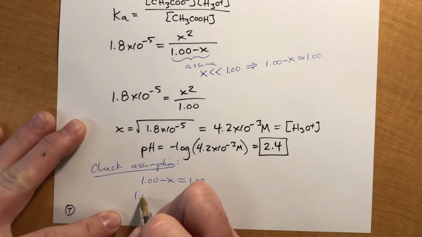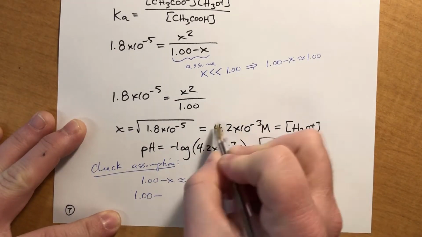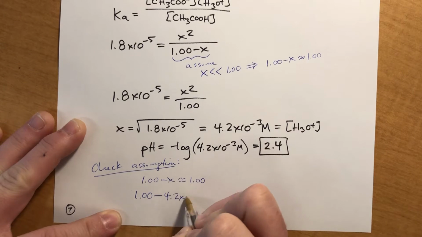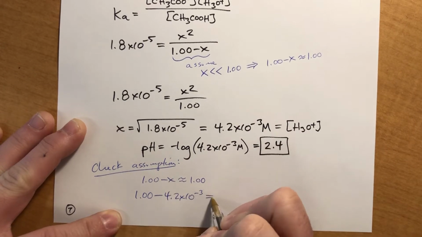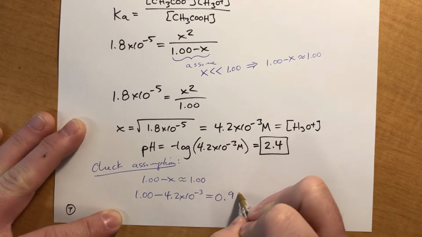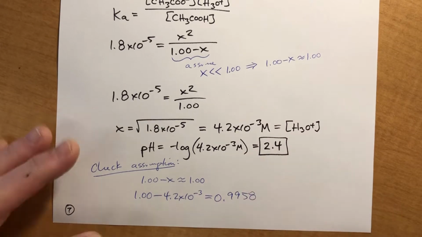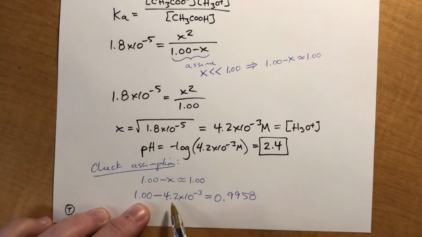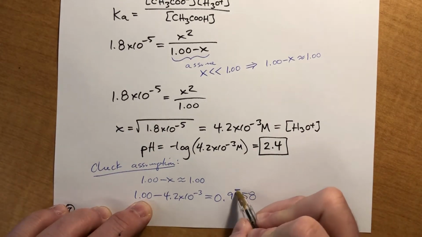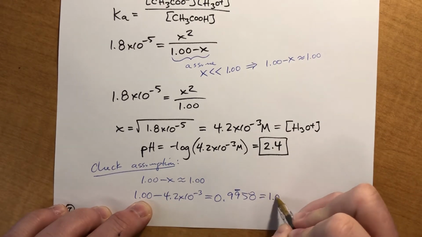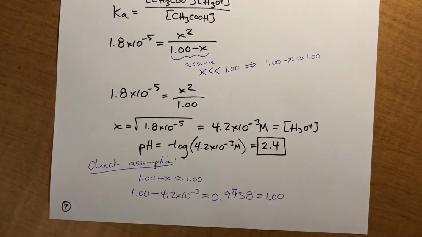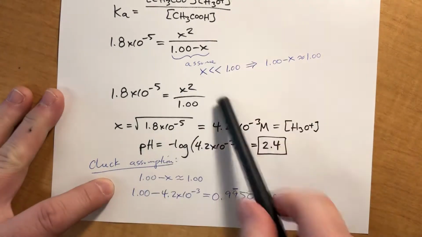Well, if you take 1.00 minus 4.2 times 10 to the negative third, you get 0.9958. And since we only get 2 sig figs, that would round up and basically be equal to 1. So, this actually works out pretty nicely.